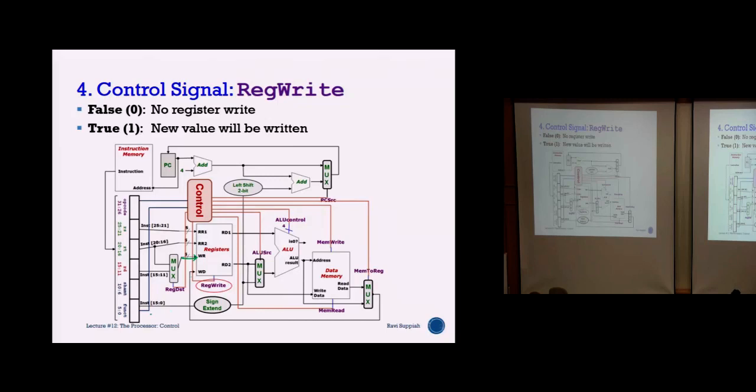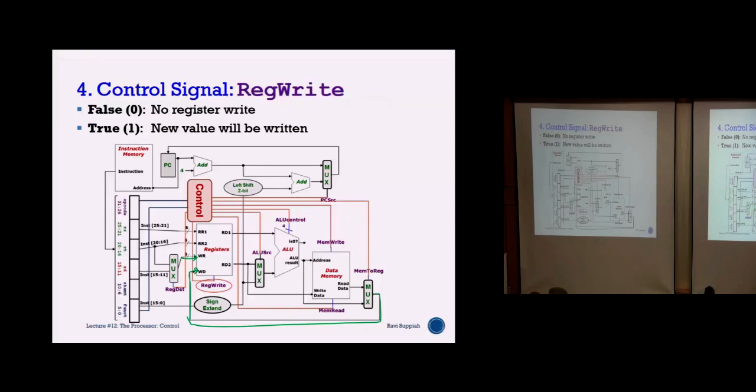And similarly, there will always be something over here as well. Why? Because a previous instruction would have channeled the data back here, correct? So there will always be something at the write register pin, and something at the write data pin. But it's not always that we want to write back to the register.